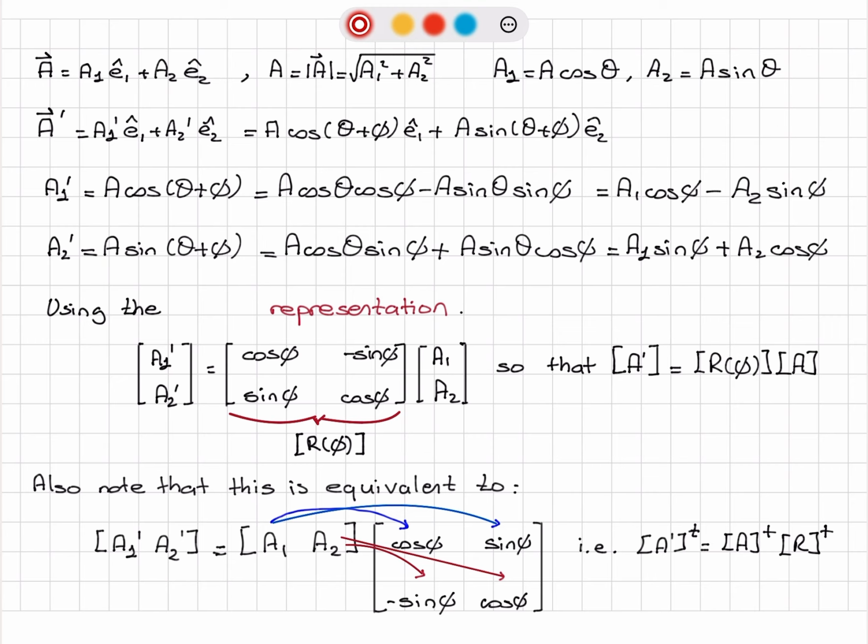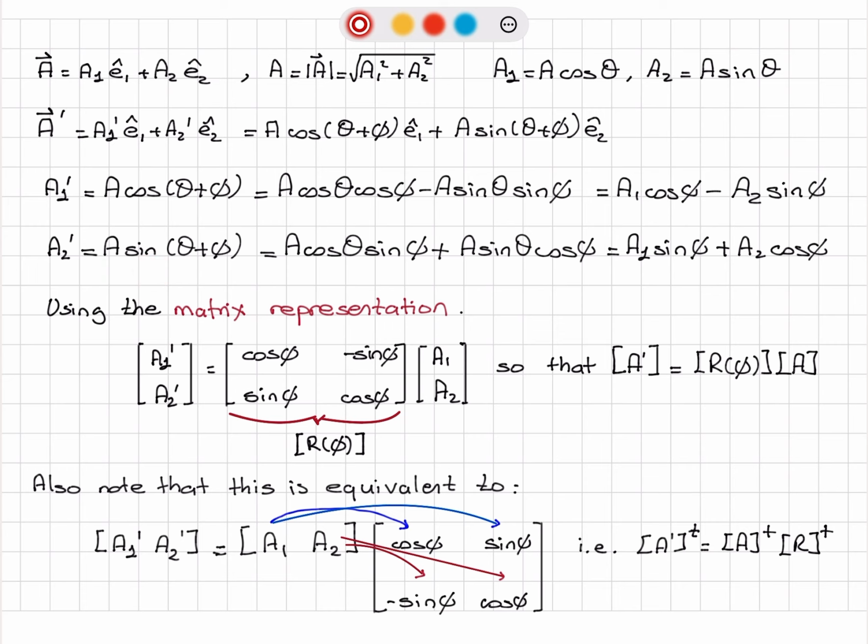And using the sum of these two angles in cosines and sines identities, so trigonometric identities here, basically using the matrix representation, I can write this as the vector A prime is a rotation matrix multiplied by vector A, where the components can be seen by using these trigonometric identities.